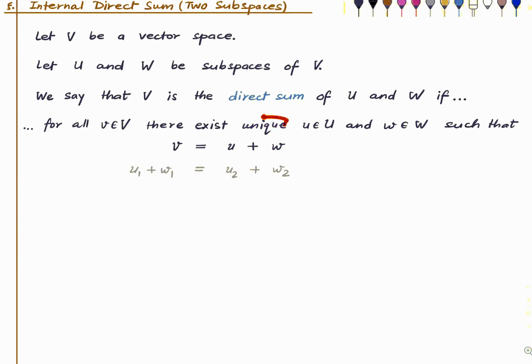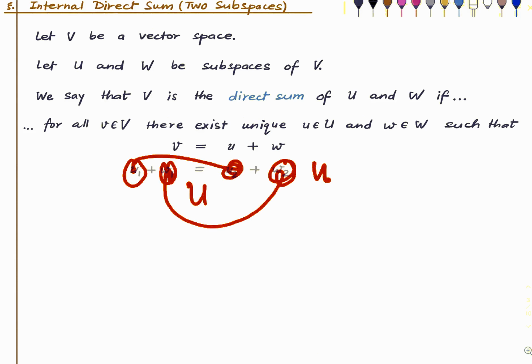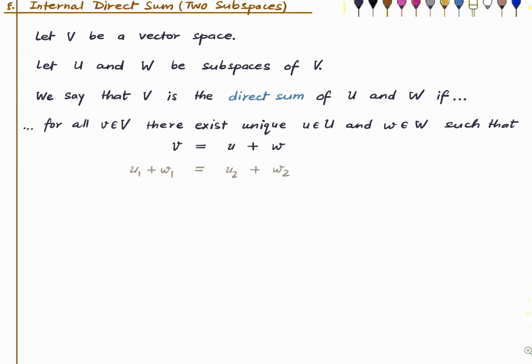But with the uniqueness condition, it says that if such an equation holds for some U1 and U2 in the subspace U and W1 and W2 in the subspace W, then we must have that U1 is equal to U2 and W1 is equal to W2. So that's the definition of direct sum. We say that V is the direct sum of U and W if this happens.